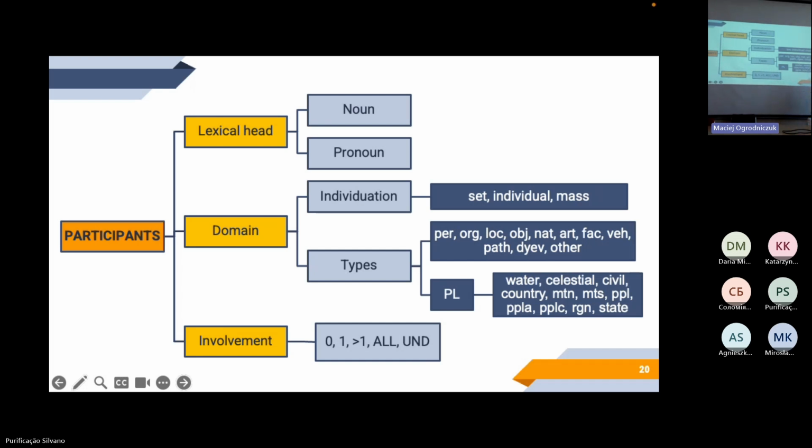We collected some of the most used types in tasks like named entity recognition, right? So we chose the most used, like person, organization, object, and so on. In the space part, we also had to add some values for places like water, country, district, and so on.